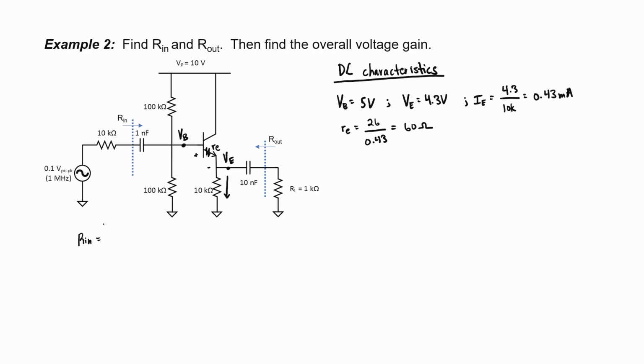Let's find the input impedance R sub IN now by inspection. So we're going to have 100 kiloohms in parallel with 100 kiloohms in parallel with some resistance looking into the base. We'll have to use impedance reflection in order to find it.